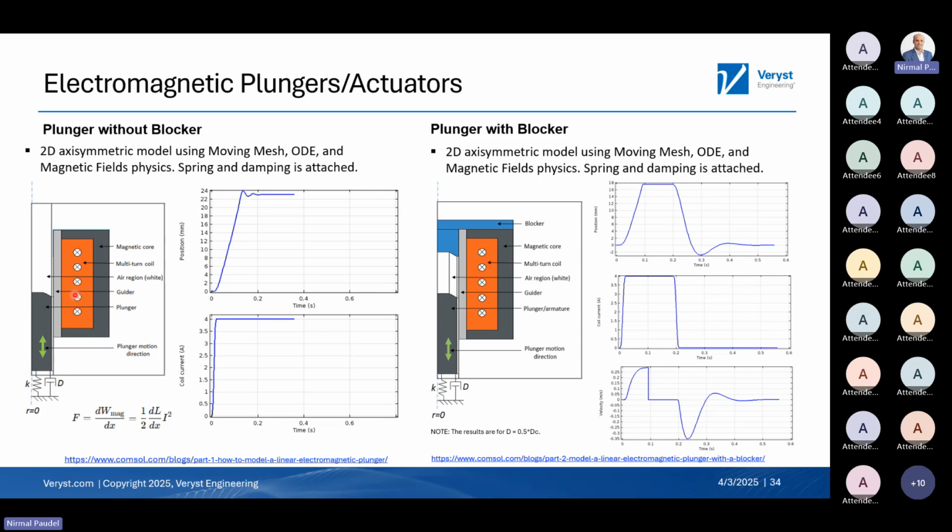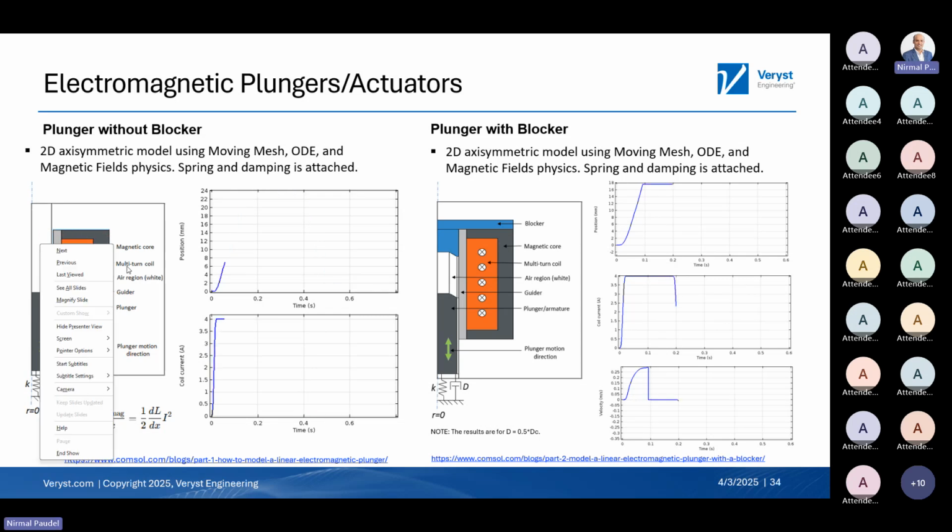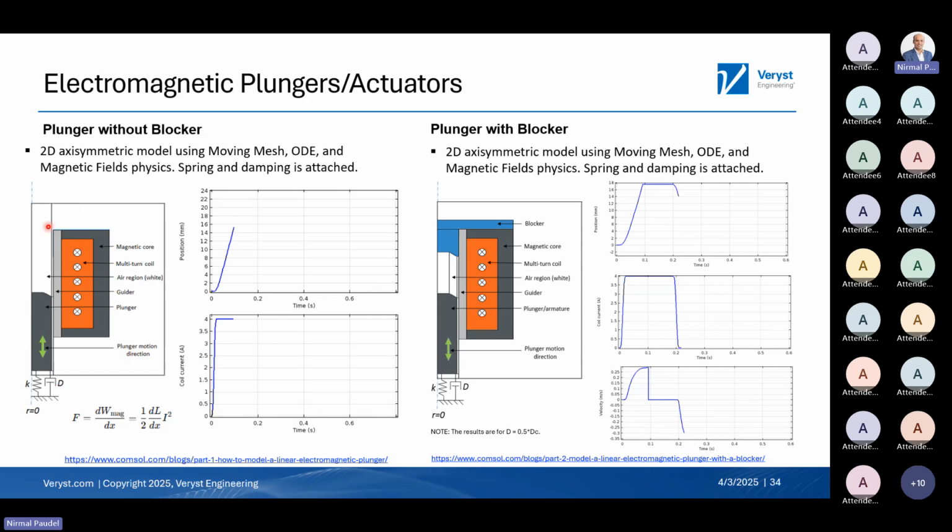Once we have a coil that's energized, the magnetic flux is generated on the core, and it tries to create a magnetic field path through this actuator.